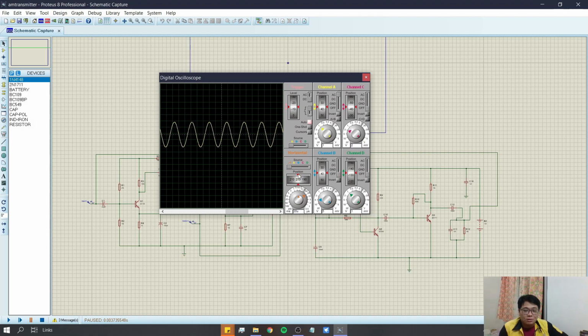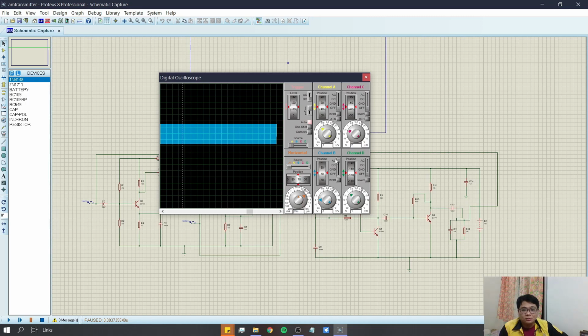Channel A is our input signal with 10 kHz, and channel B is our carrier signal. Since it has a higher frequency, the oscilloscope will show a bunch of blue things inside. If we make the time range smaller, we can see that it is a sine wave signal.